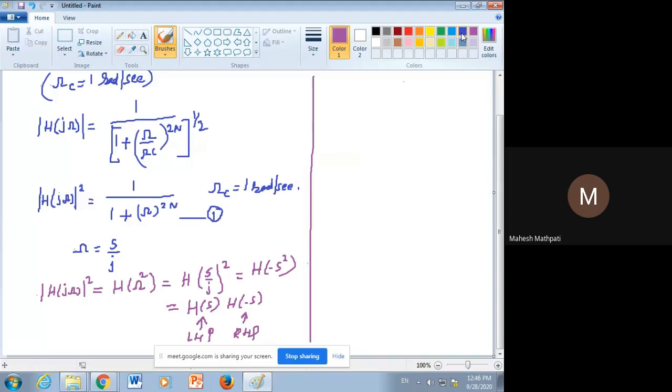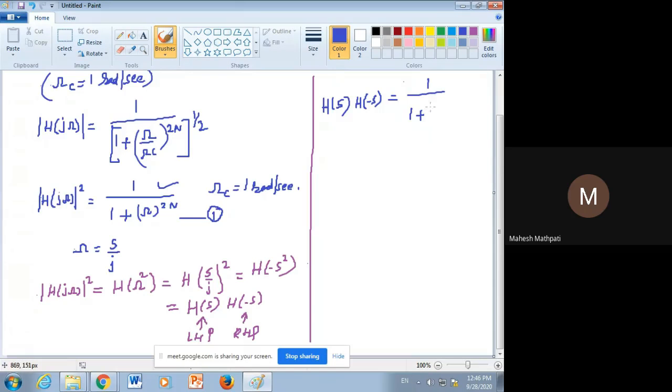h of s into h of minus s is equal to 1 divided by 1 plus, here I am just substituting this value.